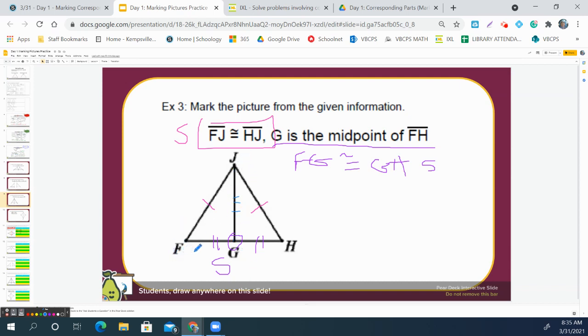JG is in the F triangle and JG is shared with the H triangle. They're like 2 weird triangular townhouses stuck together. So JG is congruent. Whoops, there's supposed to be a JG in there. And that's another side. Side, side, side is always going to work. Right? I can prove those triangles are congruent.